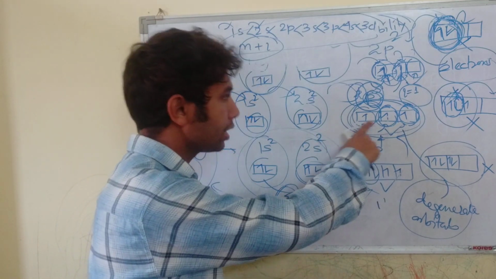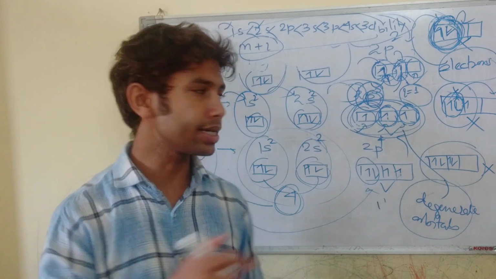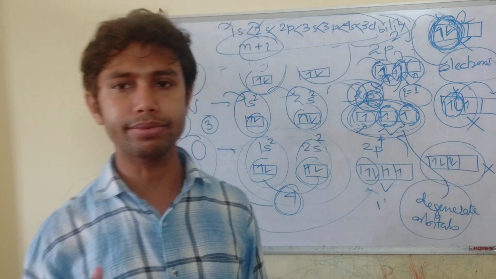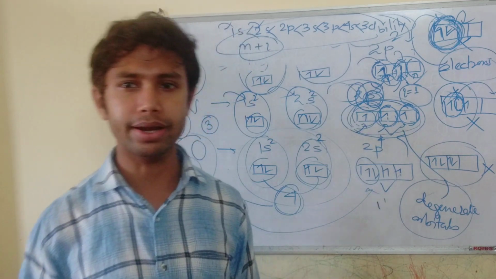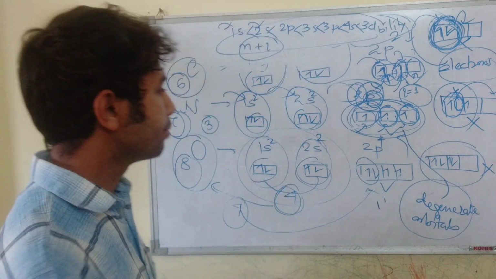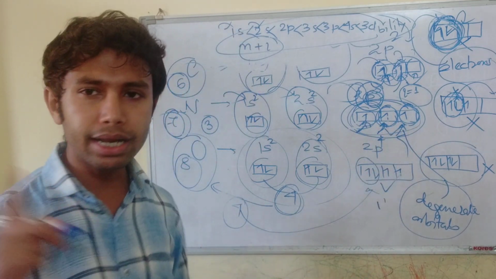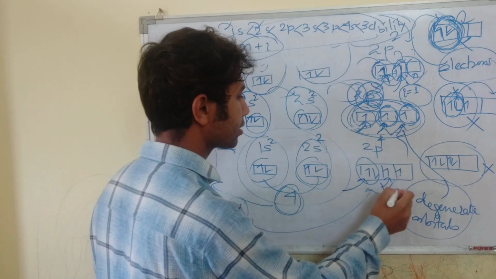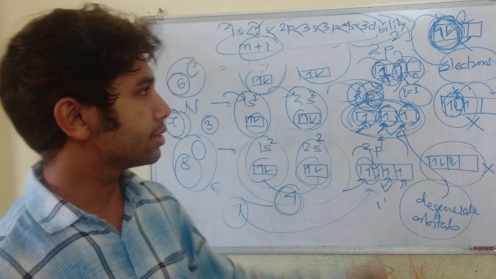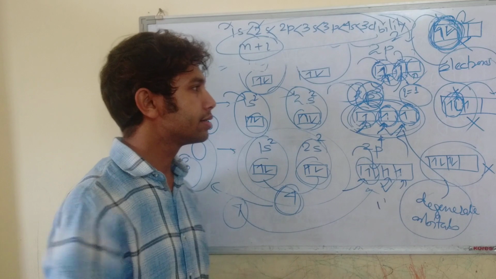That is stated by Hund's rule: degenerate orbitals first get singly filled, then pairing occurs. First we fill each orbital with one electron, then we pair up the orbitals with another electron, and this is due to the electronic repulsion, also due to the spin.